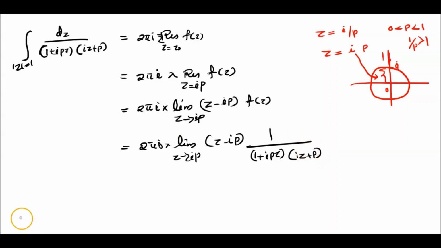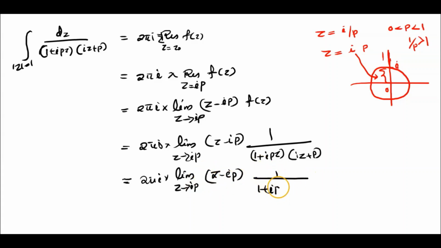We can write it as 2 pi i into the limit as z tends to ip of z minus ip into 1 by 1 plus ipz into, taking i outside, z minus ip.